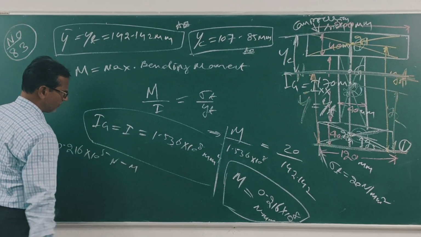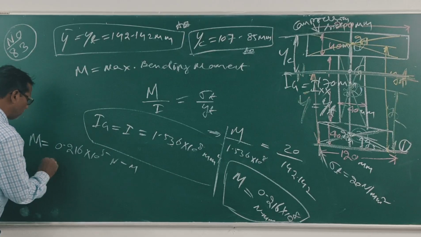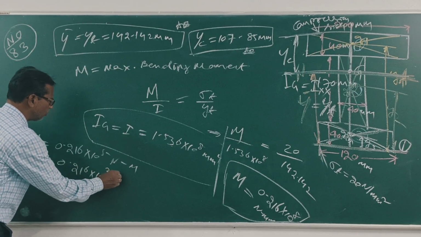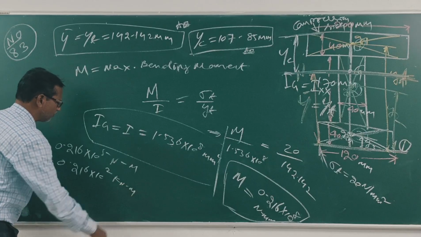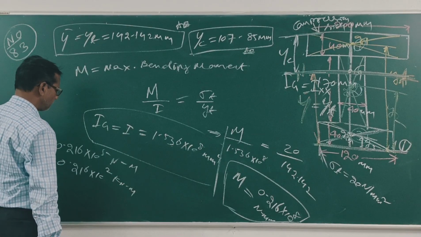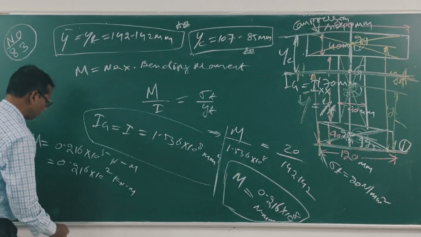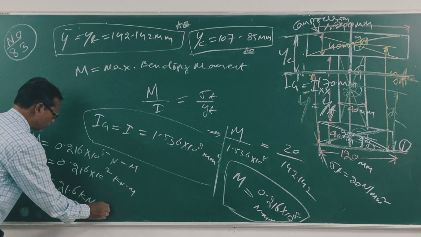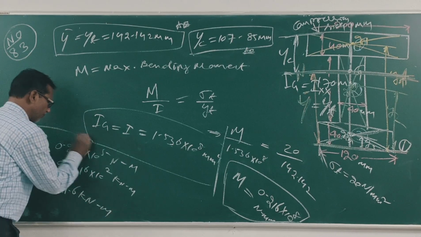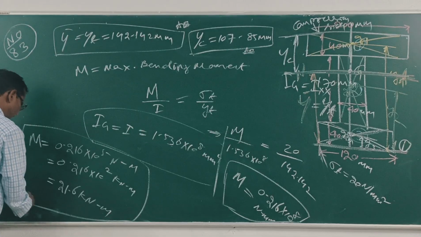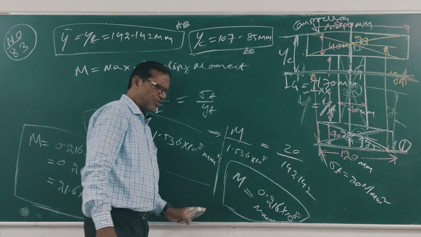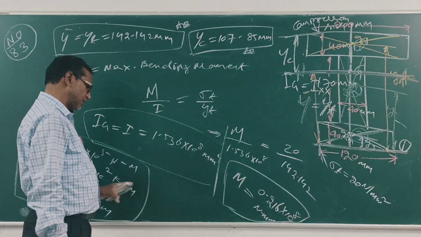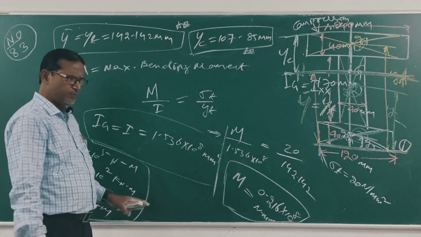Clear? This is equal to 0.216 10 to the 2 kilonewton meter, which is equal to 21.6 kilonewton meter. So this is the answer. This is also the answer. Clear? This is Newton mm. This is Newton meter, kilonewton meter.